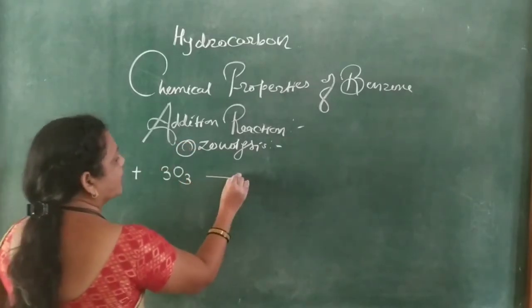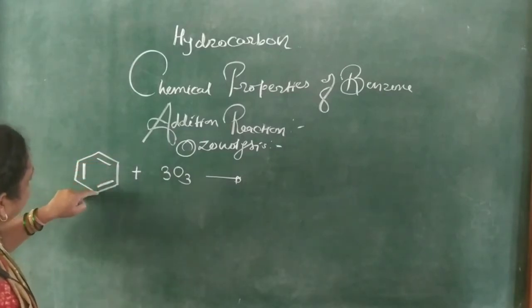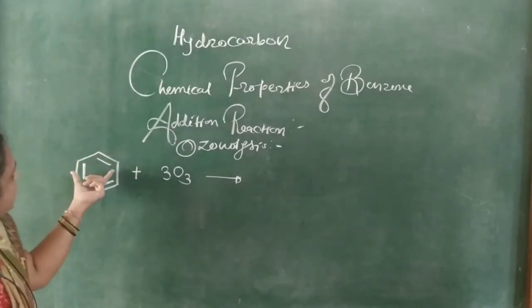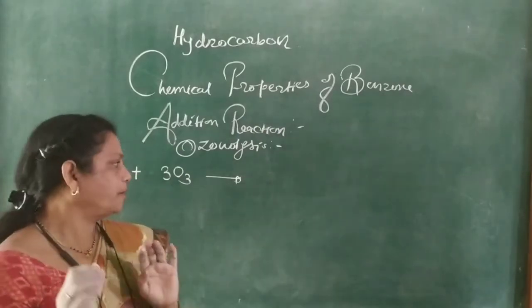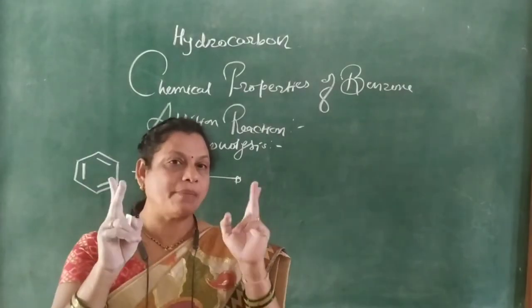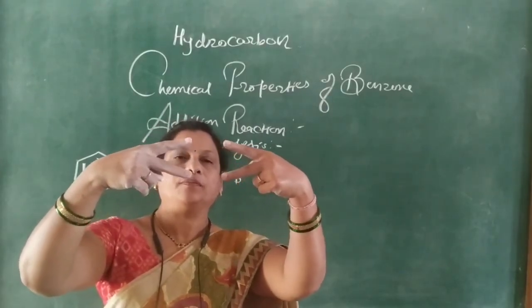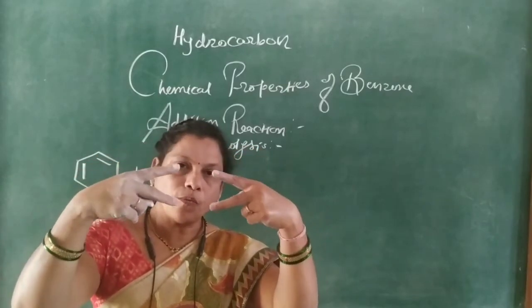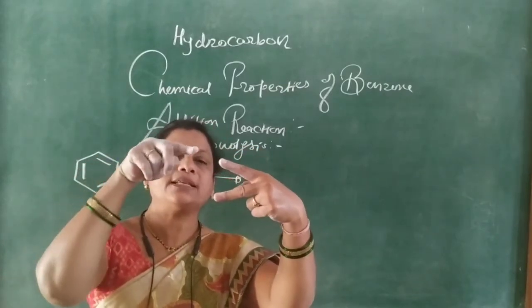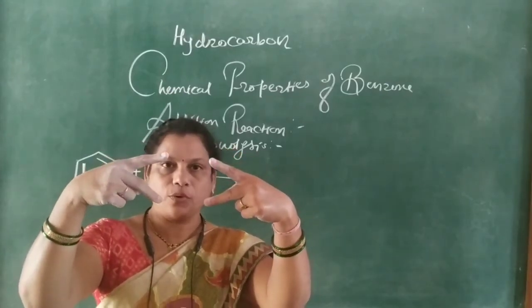Between the 6 carbon atoms there are alternate double bonds, and as there are 3 double bonds, these double bonds open in this way, and 3 oxygen atoms from 1 ozone molecule combine between these 2 carbons.